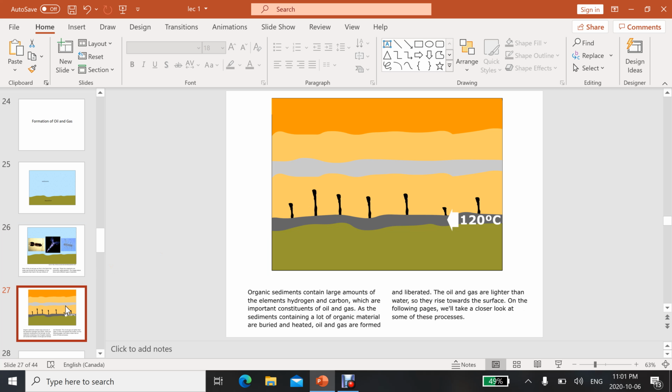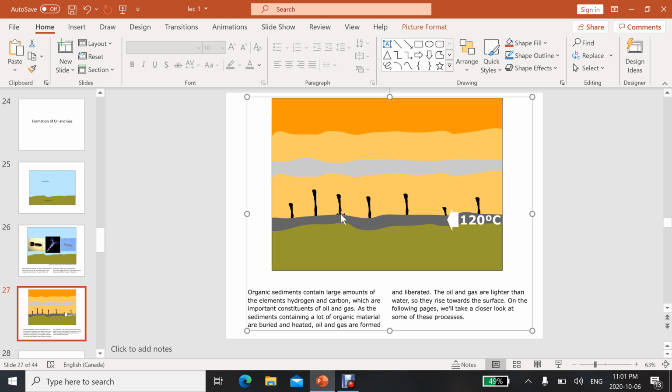Okay, when they converted into oil and gas, this oil and gas, shown in black, moves upward because it's lighter than water, and it goes to find any trap where it can accumulate.